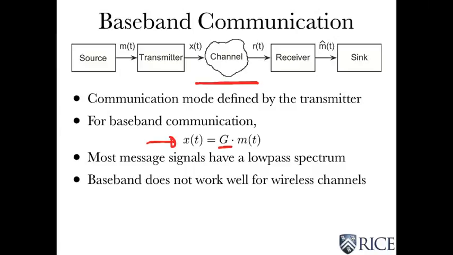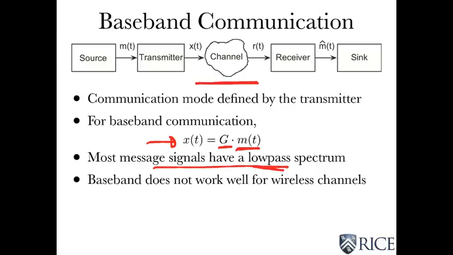Provide some power to the signal, but it's just going to send it as it is. Most message signals have a low-pass spectrum. Their support, their Fourier transforms, usually goes from 0 frequency up to some upper frequency. For speech, it goes up to like 6 or 7 kilohertz. Audio, music has a somewhat higher frequency range, but still it's a low-pass spectrum.